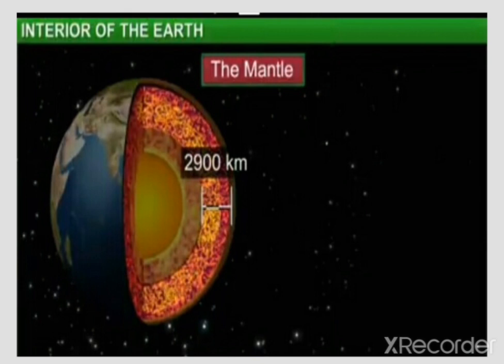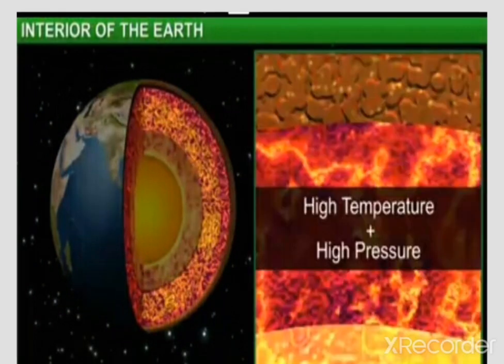Because in this layer high temperature and high pressure are located. Because of that, as we move deeper, the density of the material in the mantle layer increases. Is it clear, everyone?